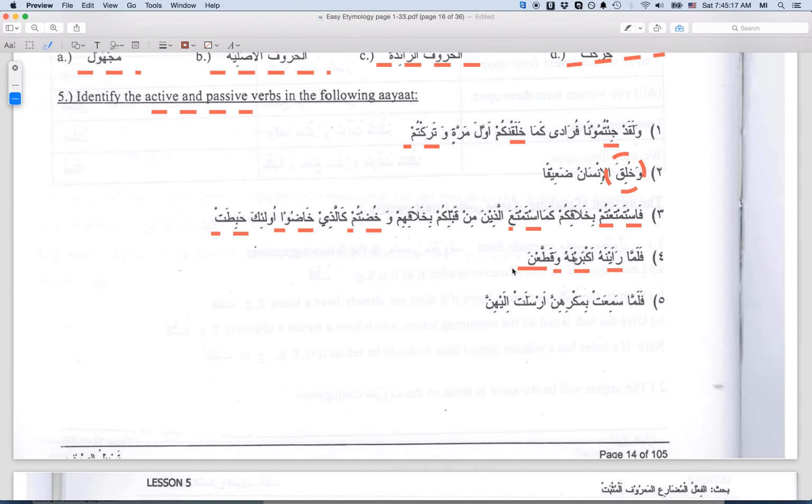And قطعنا, that's also active. قطعنا is also active. Lastly, سمعت, this is active. بمكرهن. أرسلت, active. So most of these are active. Only I found خُلِقَ right here as the passive verb.